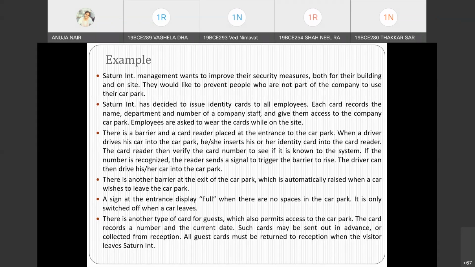So in the first sentence, this is an analysis class, Saturn Interior Management, because it is an organization, right? So this is an analysis class. Then card reader, yes, of course, it is an analysis class. So where is card reader? Yes, here. Directly jumped over here. In between there is no analysis class.